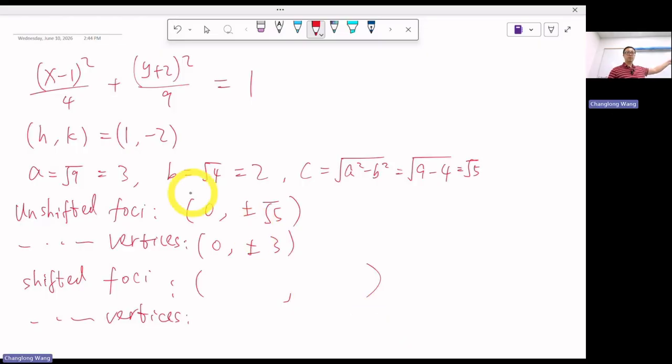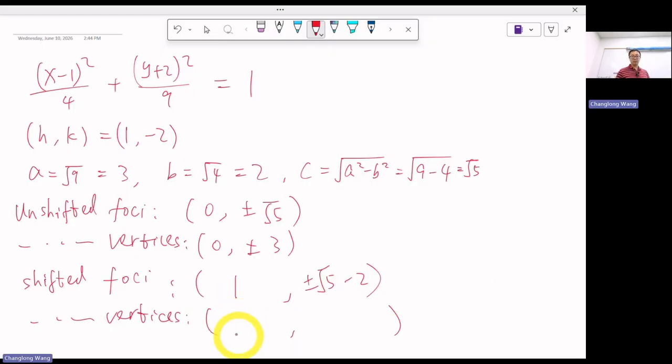That means if we were looking at 0, it will be 1, right? Now, vertically, you have plus or minus radical 5, but you're shifting it downwards by 2. You'll say that it will be radical 5 minus 2, right? That's simple. So now, you do that for the vertices.